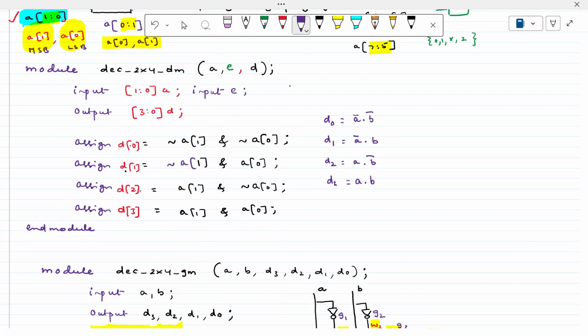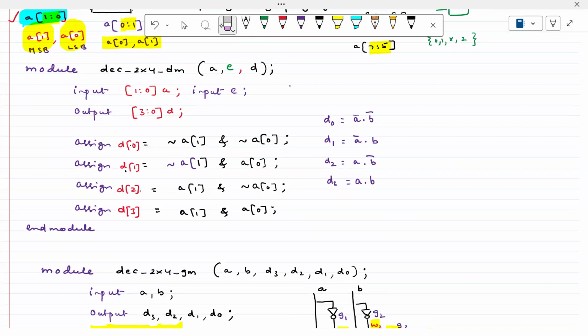Why can't I write input 1 down to 0 of A comma E, just putting a comma here? Because A is actually 2-bit size, but E is 1-bit size. If you write A comma E, then E also becomes 2-bit size. We don't want that, right? A is a 2-bit size and E is single bit. That's the reason why we write E separately.